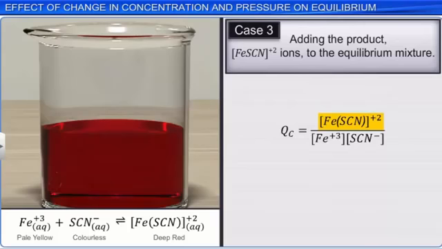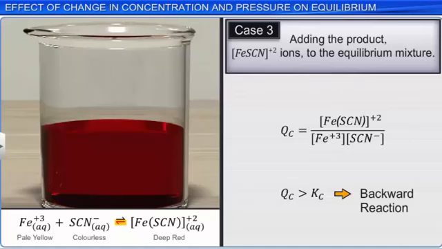Thus, you can say that adding a product to the equilibrium mixture results in the backward reaction. This results in Qc becoming greater than Kc. Hence, the backward reaction, that is, the dissociation of FeSCN+2 ions into Fe+3 and SCN- ions, takes place.